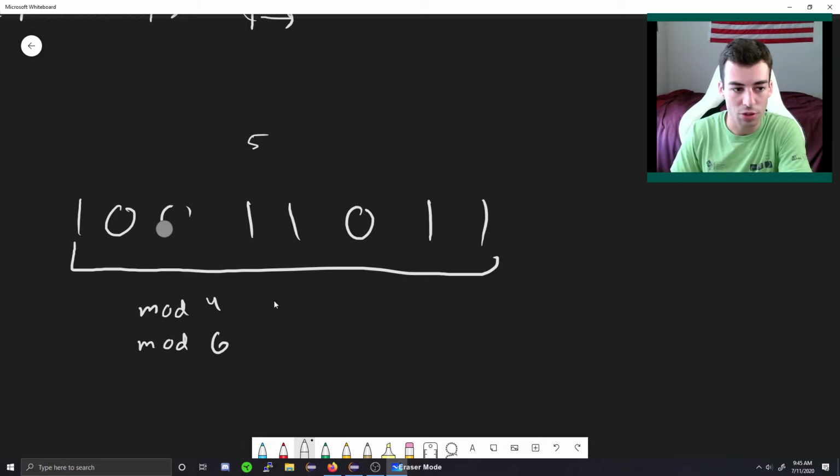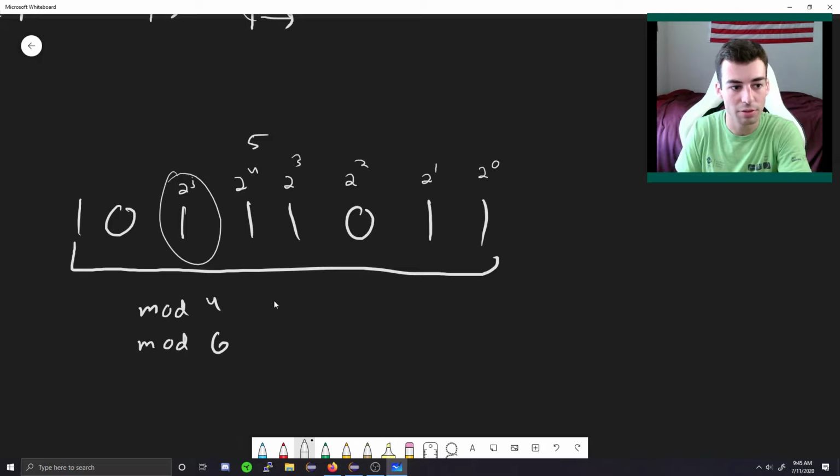And if we change this 0 to a 1, we can see what 2 to this power is. This would be 2 to the 0, 2 to the 1, 2 squared, 2 cubed, 2 to the 4, 2 to the 5. So we can see what 2 to the 5 is under mod 4 and under mod 6.